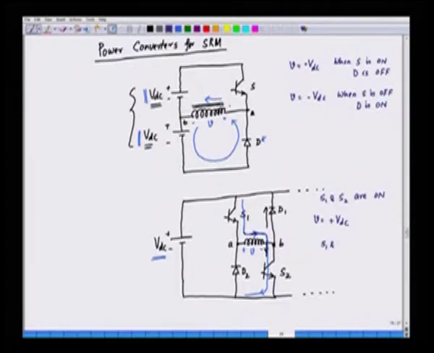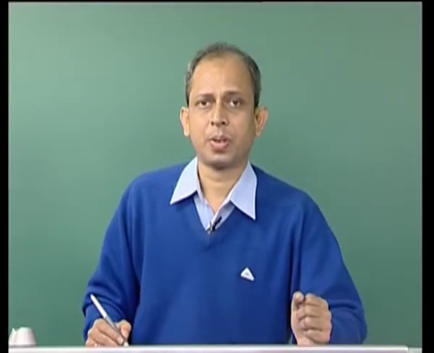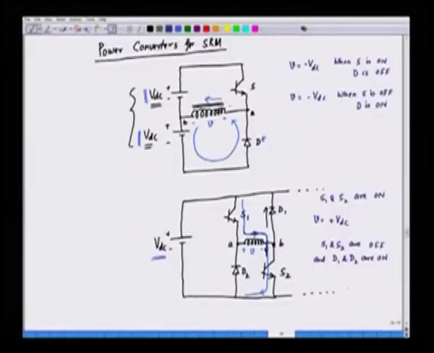S1 and S2 are off, and D1 and D2 are on. Normally, the diodes remain reverse biased. The diodes, you can see that the cathode is connected to the positive and the anode is connected to the negative terminal.